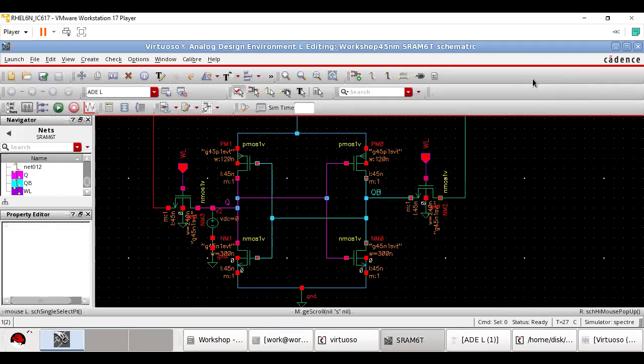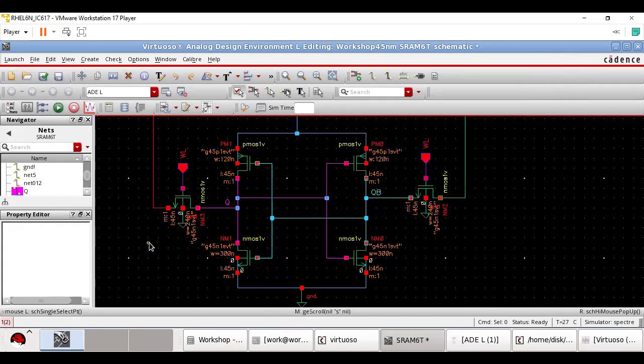Now, how do we do the write operation? For write operation, I assume that Q is equal to 1 and QB is equal to 0, or Q is equal to 0, QB is equal to 1. So how do I do the write operation? I cannot have a fixed bit here.